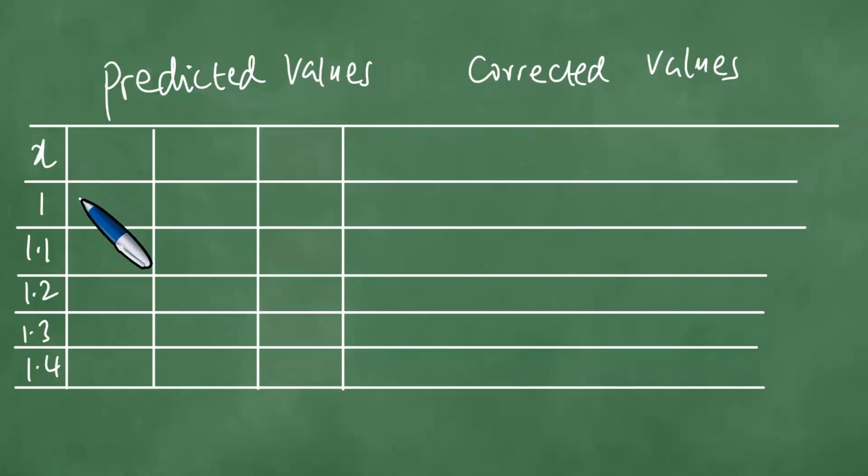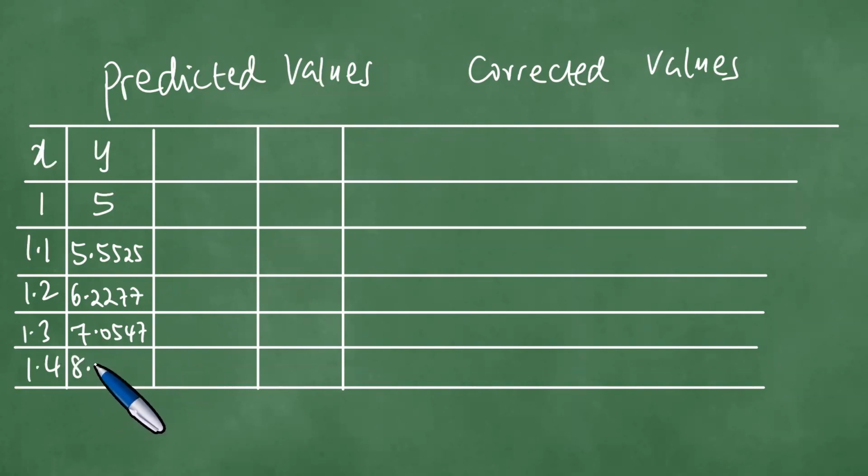Now we're going to have the x's, which are this. Then we have the y's, which are 5.5525, then 6.22. All these were obtained before, but I've noted them down. Then you have 7.054, then 8.0713.